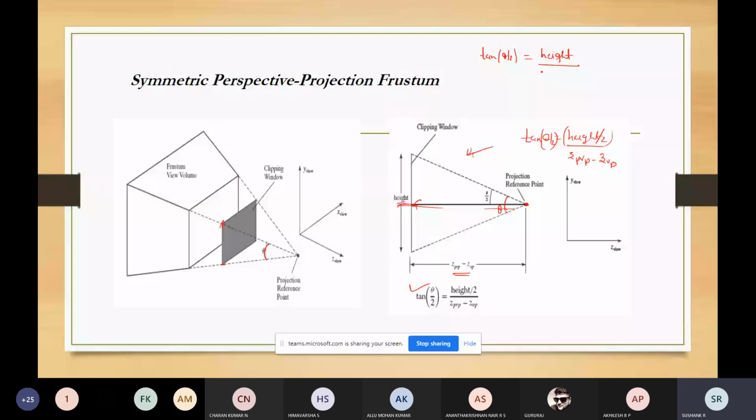If I shift this to the right hand side, the height will be equal to 2 times the difference ZPRP minus ZVP into tan theta by 2. Using this formula, you can calculate the height also.